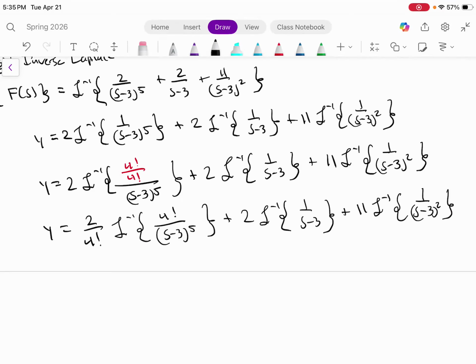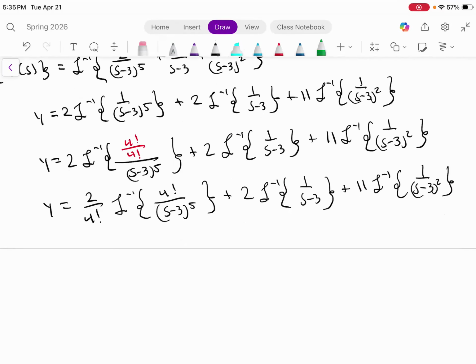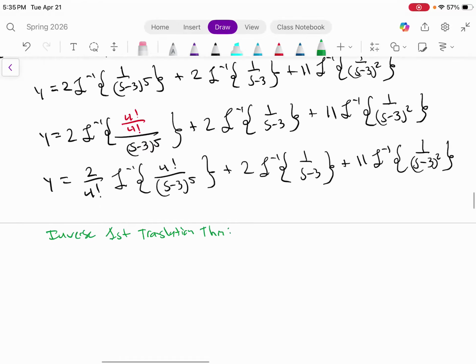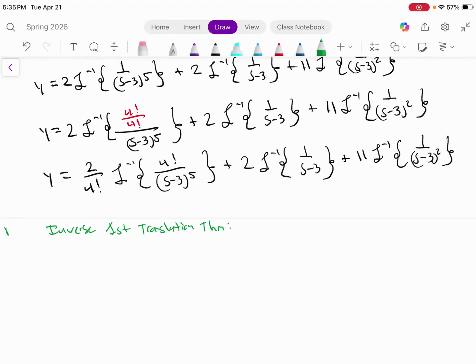Okay, so now we're in position to use the inverse first translation theorem. You should have it handy while you're looking at these notes, but let's just recall it a bit.